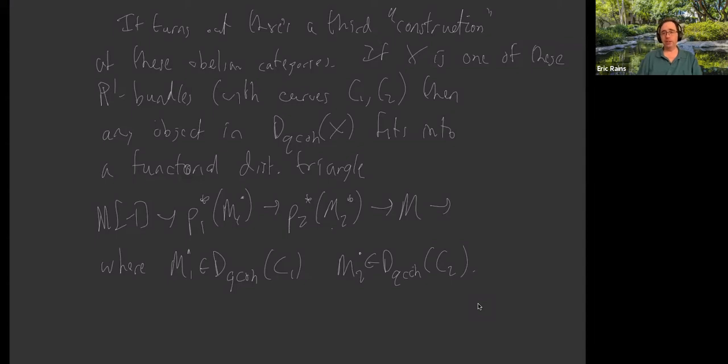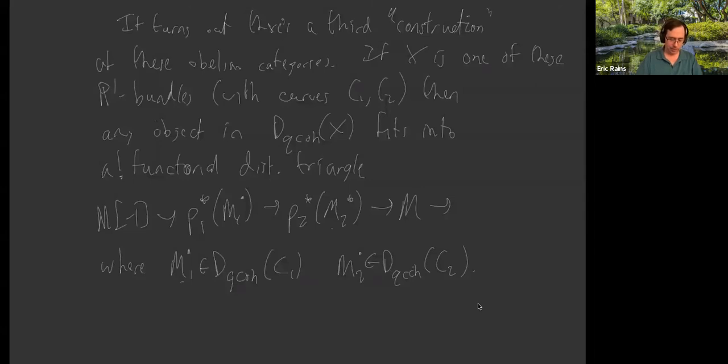So to specify a sheaf on X, and in fact, this is not just a functorial distinguished triangle, it's a unique functorial distinguished triangle. So to specify an object on X, a complex on X, we need to specify a complex on C1, a complex on C2, and this map. Well, what is this map?